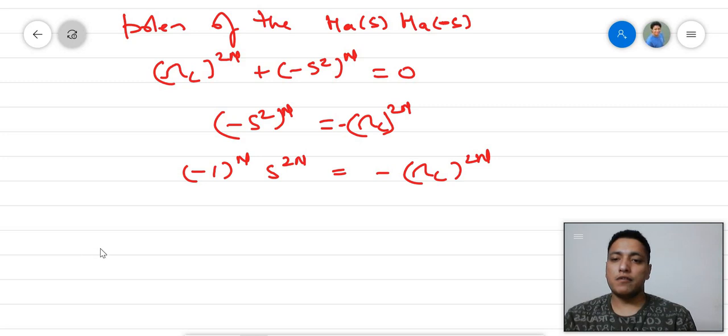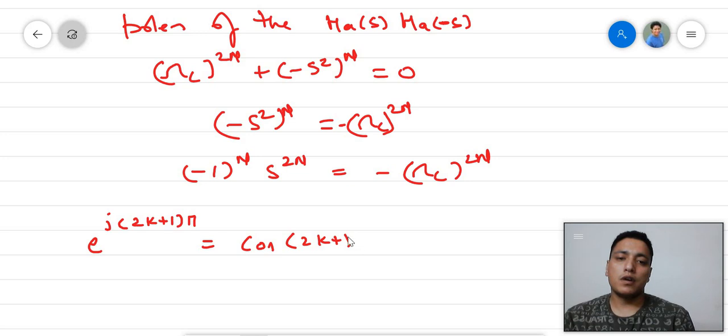That is, if we substitute exponential j 2k plus 1 pi. Now where do we substitute this particular term? So we will just expand this term. So it will be cos 2k plus 1 pi plus j sin 2k plus 1 pi.